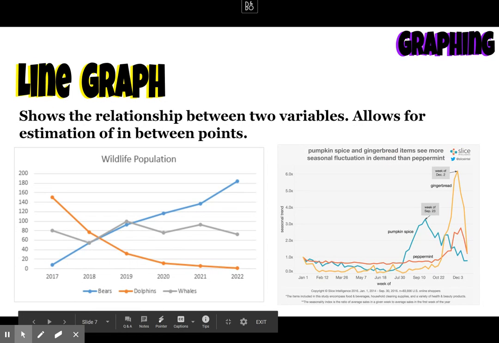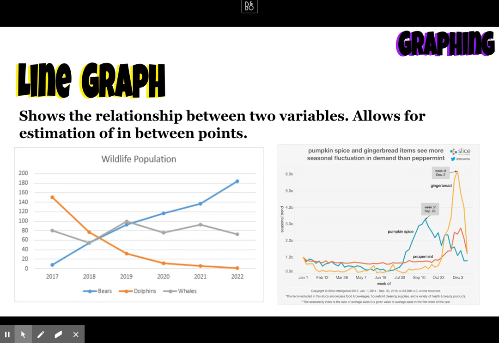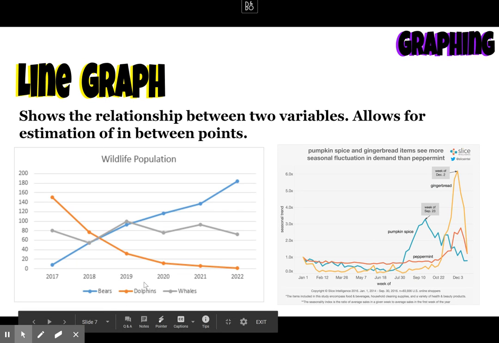So now, the next type of graph we're going to talk about is a line graph. And so a line graph shows the relationship between two variables and allows for estimation of in-between points. And so our first example here is we can look at wildlife population. And so you can see we're going to be looking at bears, dolphins, and whales. And on our y-axis here, you can see that is the population amount.